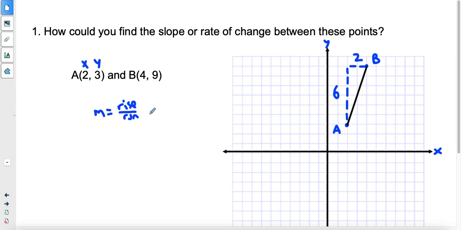I'm going up 6, so my rise is 6. And I'm going right 2, so my run is 2. And now, to find the rate of change, the slope, we just need to divide these two values, 6 divided by 2. And 6 divided by 2 is just 3.